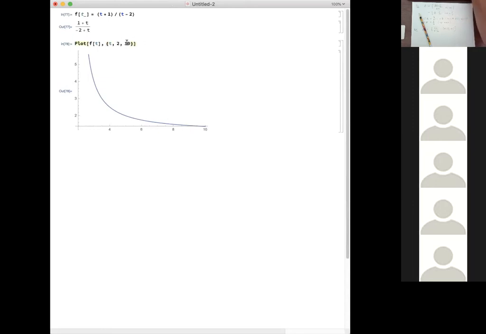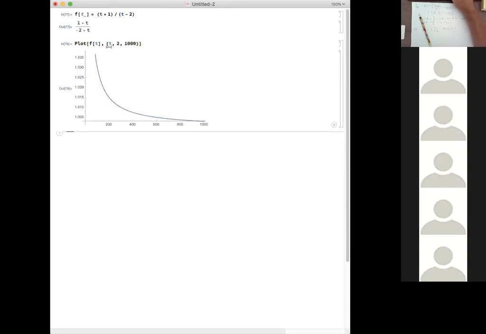Well, maybe you can plot it out to 1,000. It sure looks like it's going to converge to 1 as t goes off to infinity. All right, so by plotting this function, we have a pretty good idea about what to look for. Around 2, the thing blows up, and around infinity, the function goes to 1.